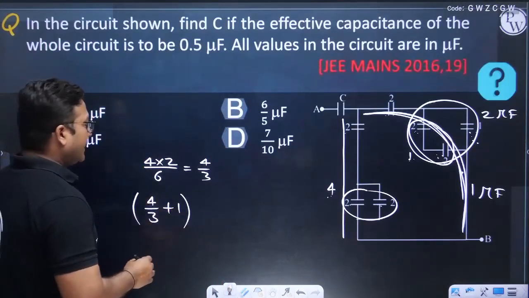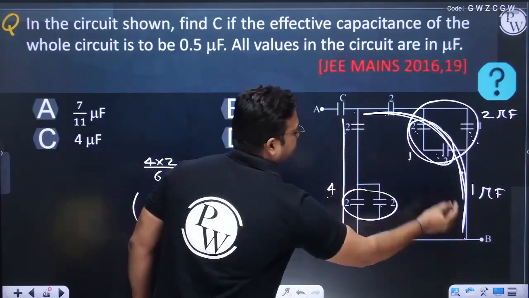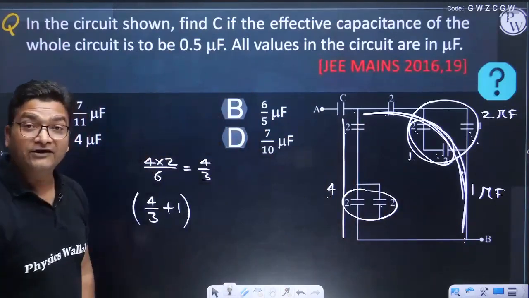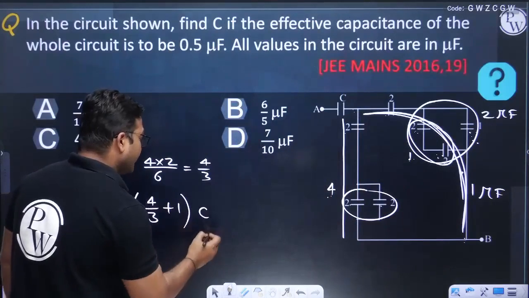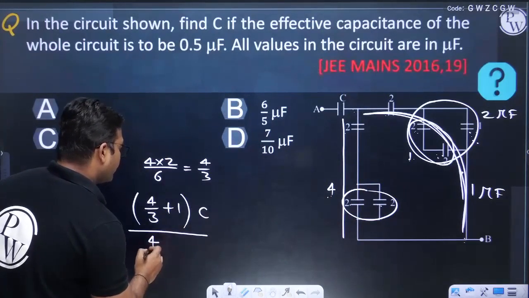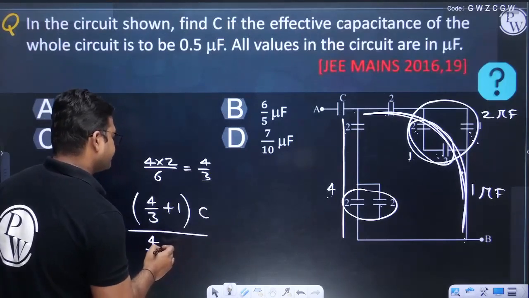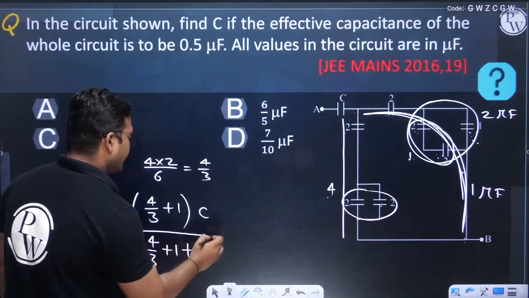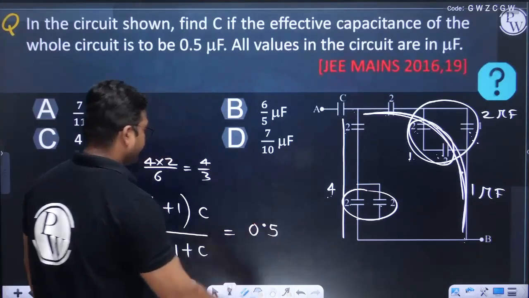And this whole box is in series with C. So this box into C divided by 4 by 3 plus 1 plus C becomes 0.5.